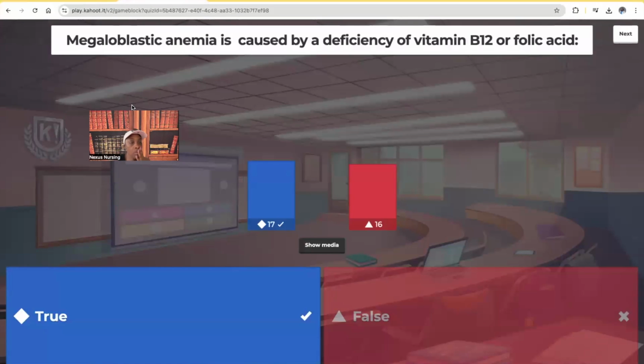True. So what happens in megaloblastic anemia, guys, is that the patient has all of these RBCs, that's their red blood cells, but they're abnormal. Okay? They're abnormal and they're missing either B12, folic acid, or both. All right? This is true.